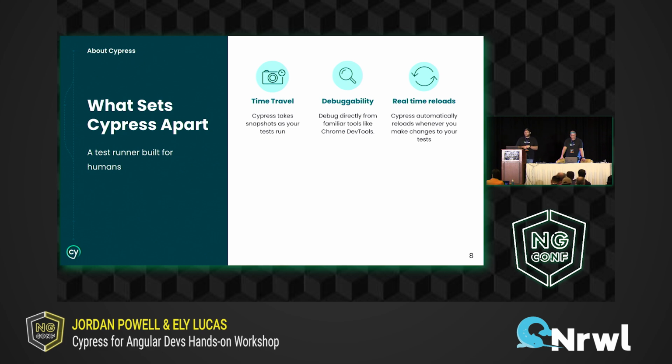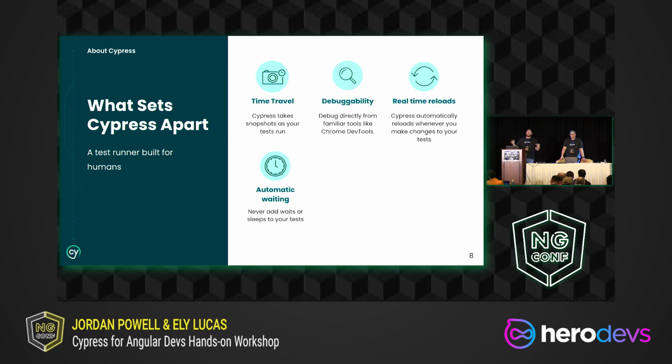Real-time reloads. Like many frameworks, when you update a test and press save, it'll automatically rerun in Cypress. Automatic waiting. This is a huge one for those of you who have come from Selenium, Protractor, something like that. You don't have to wait with Cypress. You don't have to guess how many milliseconds it's going to take, and then it fails, and then you change it to another 1,000 milliseconds.